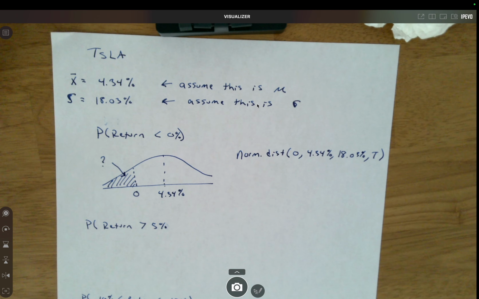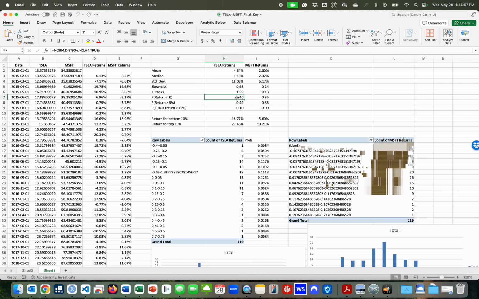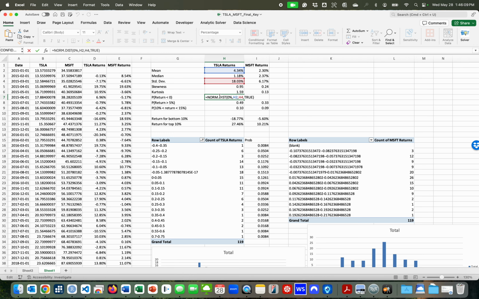So if you look here, the way we found that was norm.dist, 0% was the value of x, H2 is our mean, H4 is our standard deviation, and we put true, and the answer to that problem was 0.4.